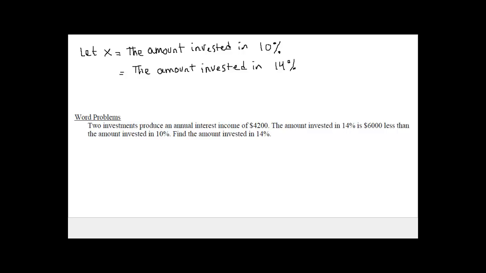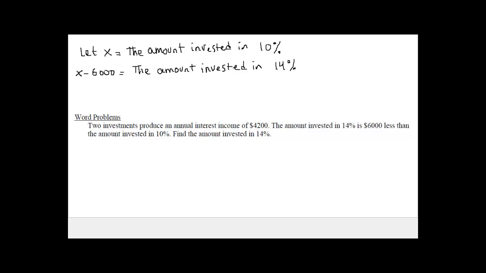So that would be x minus 6,000. Okay. So we have two accounts now.